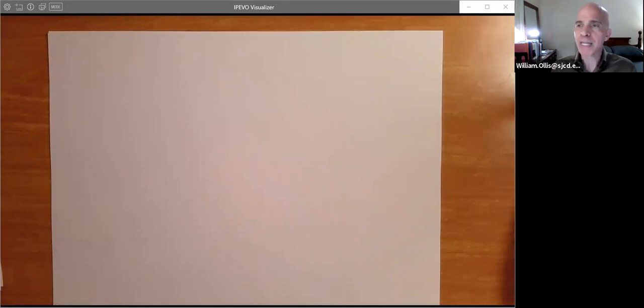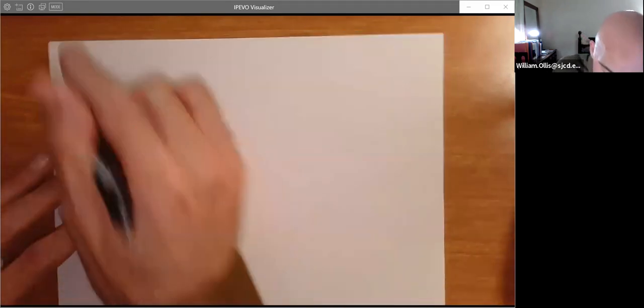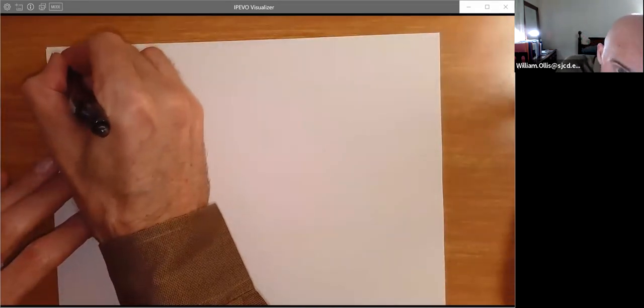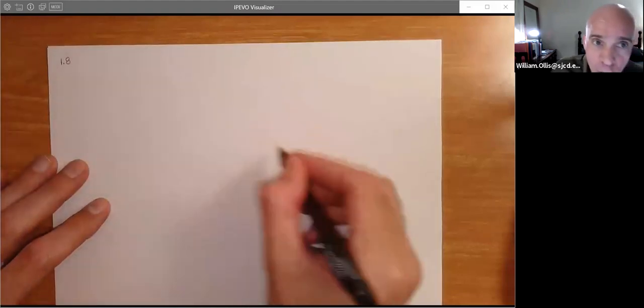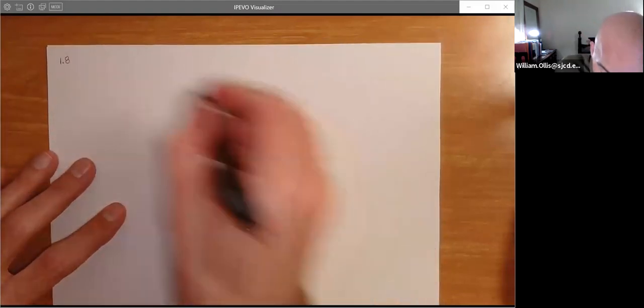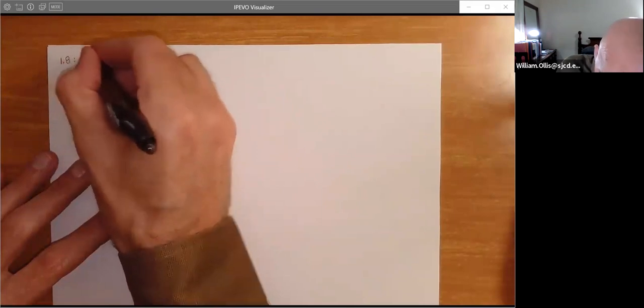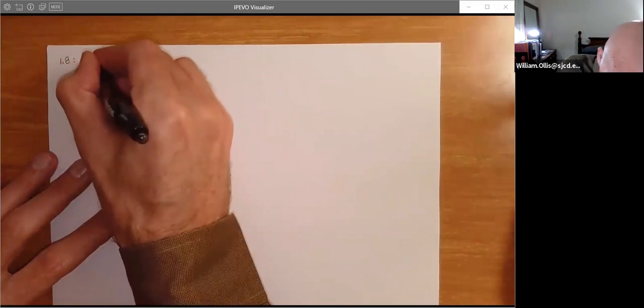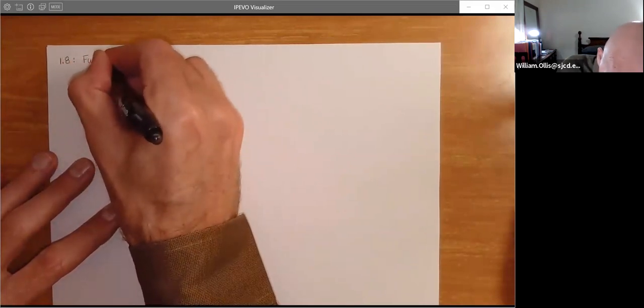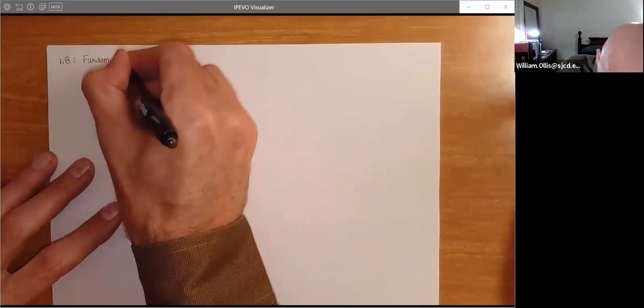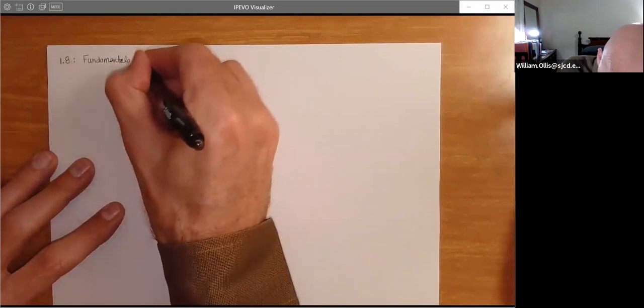All we have to do in many cases is figure out plus or minus, and then we can move on. And that's going to save us a lot of time. So we'll just say in 1.8, fundamentals of inequalities. And again, this will be kind of boring, so forgive me for the boringness, but fundamentals of inequalities.